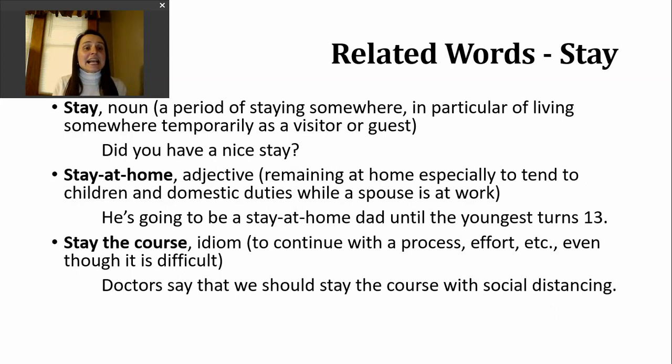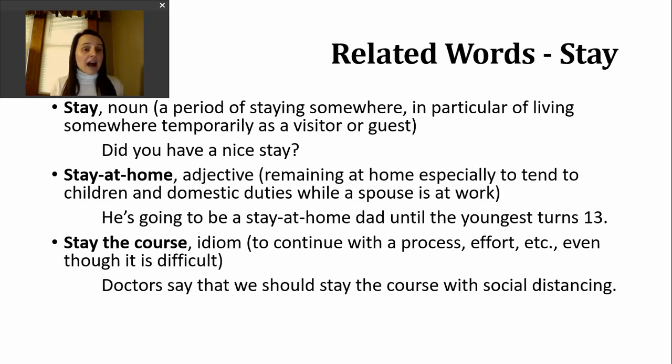Finally, today, let's take a look at some related words. We've been talking about stay as a verb, but stay could also be a noun. As a noun, it means a period of staying somewhere, in particular, maybe living somewhere temporarily as a visitor or a guest.